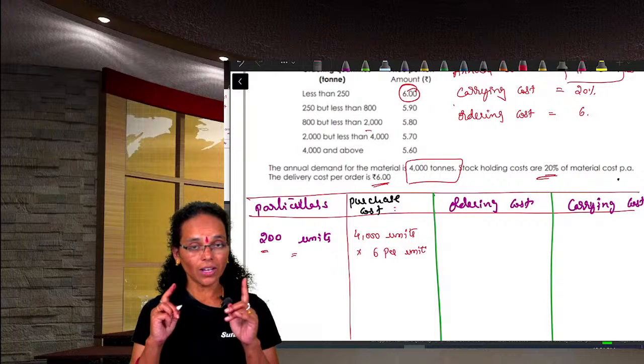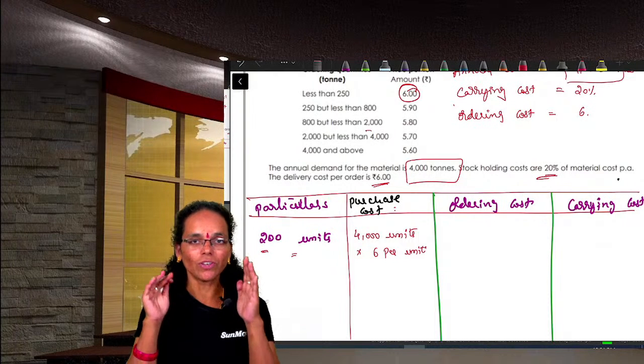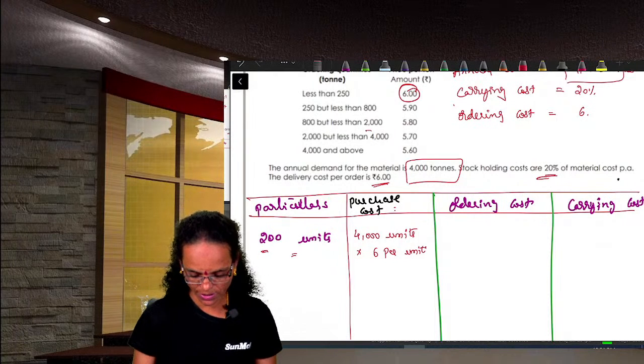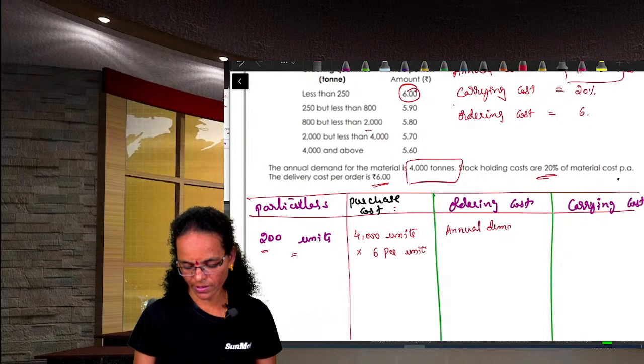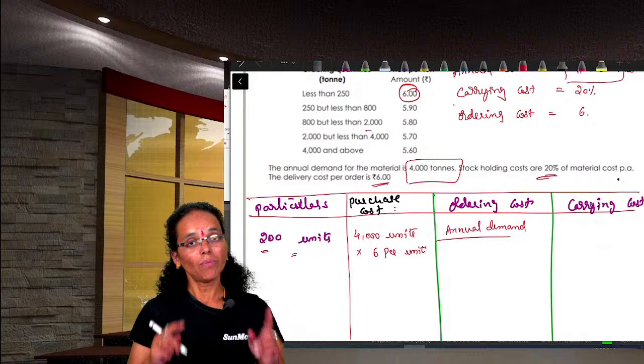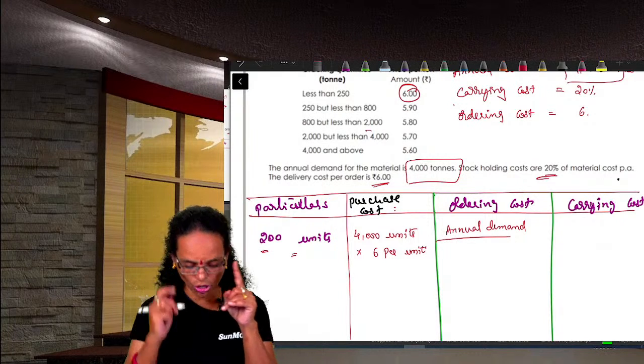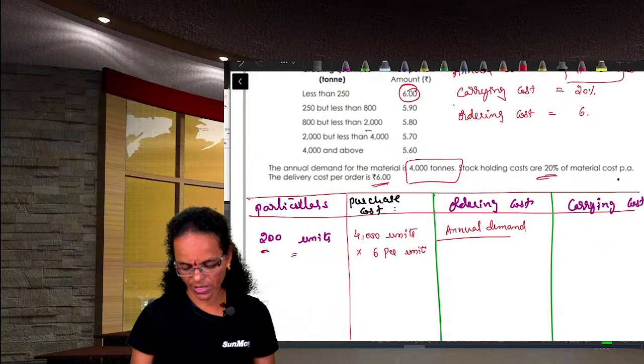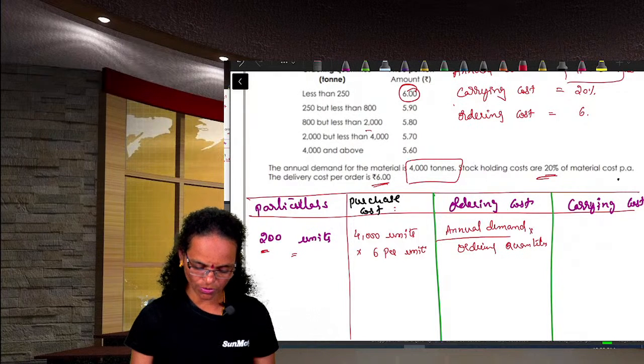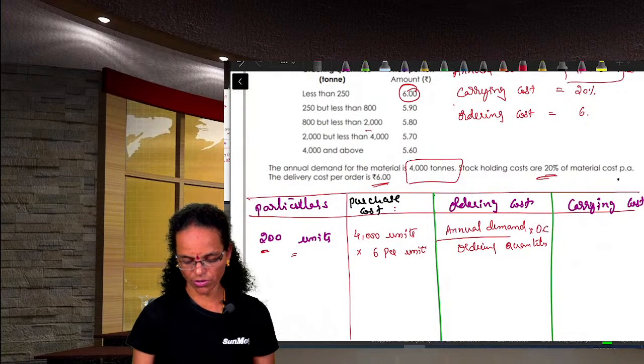See, how many times you will place an order? Your annual demand is 4000 units, but you are placing an order in a single lot of 200 units. That is the ordering quantity. What is ordering quantity into ordering cost.